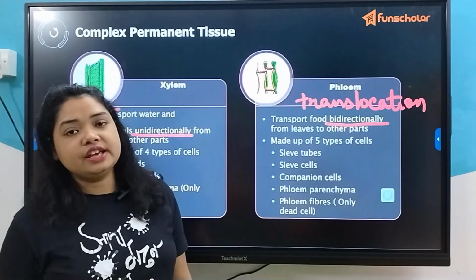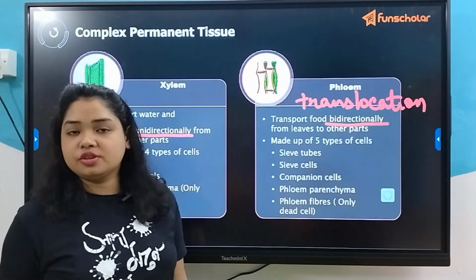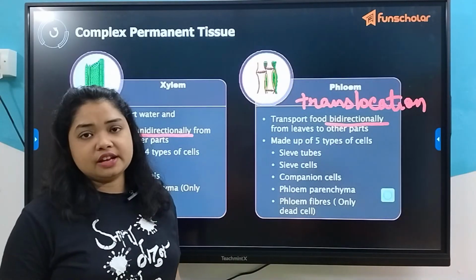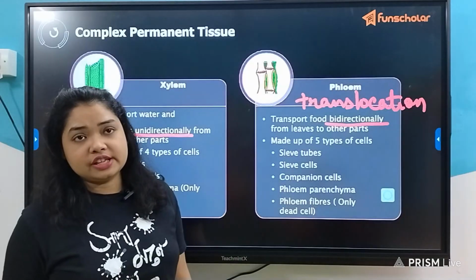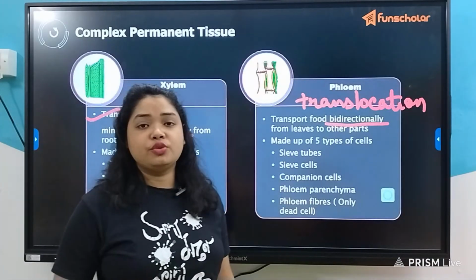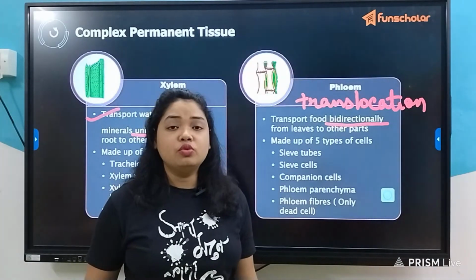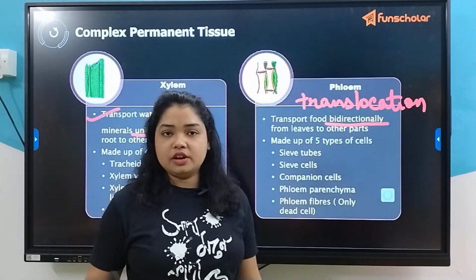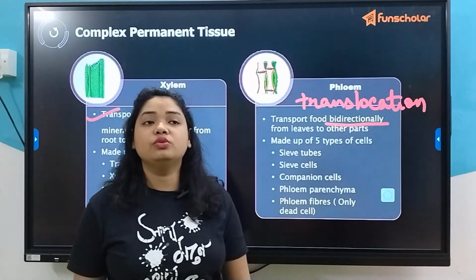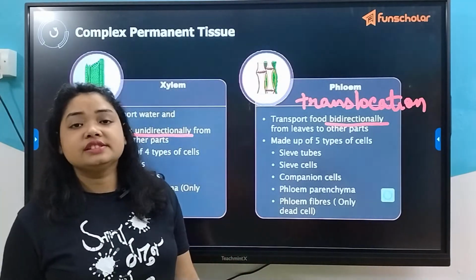So one direction is from the kitchen to all parts of the plant, that is from the leaves to all the parts, and the second direction is from the storage organs wherever the food can be stored, either in the stem or in the roots or the fruits, to other parts wherever it is required.